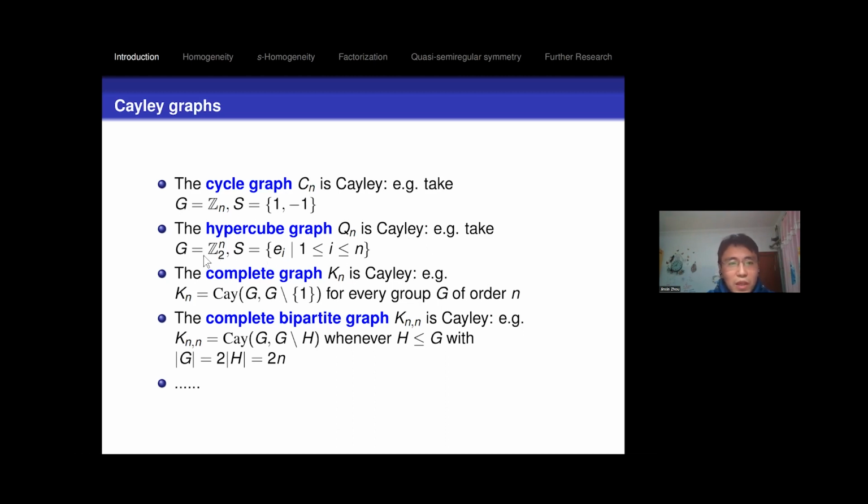It can be read as a Cayley graph of the elementary abelian 2-group of order 2^n with respect to the standard basis of this group. And also the complete graph K_n is a Cayley graph, and the complete bipartite graph K_{n,n} is also a Cayley graph. And actually we have many other examples.